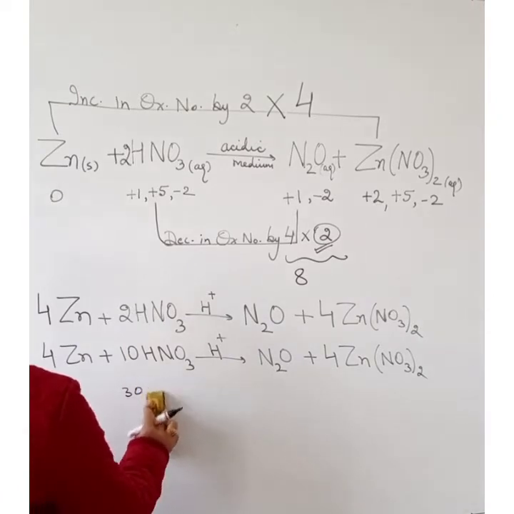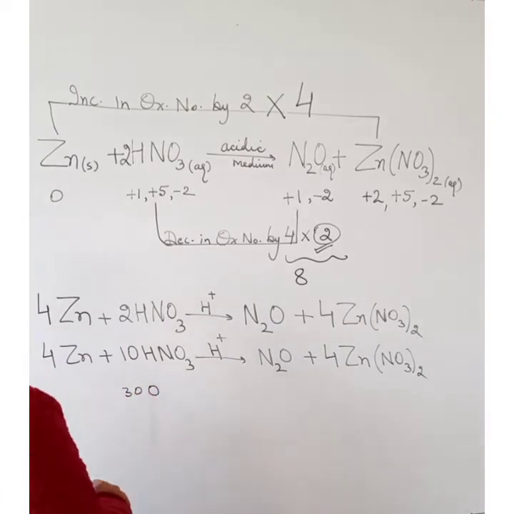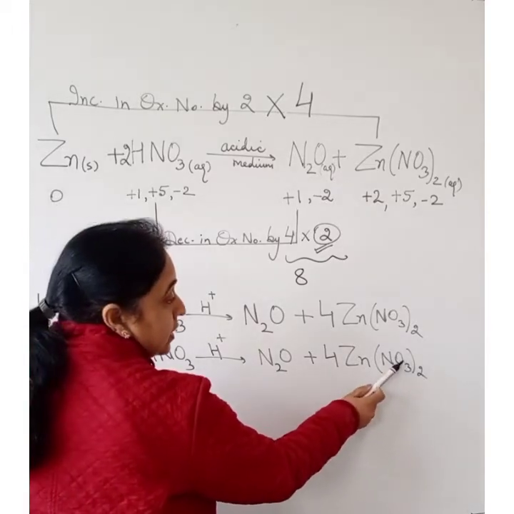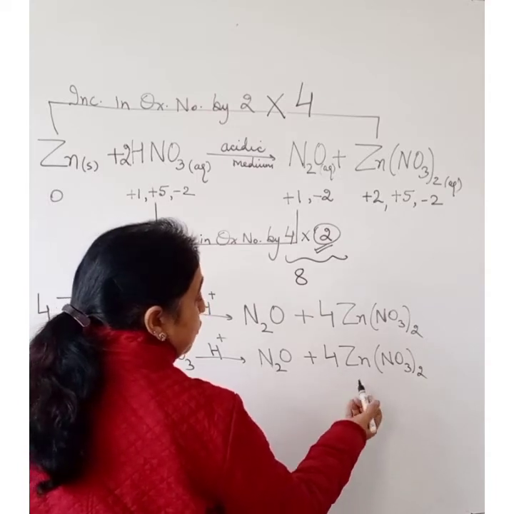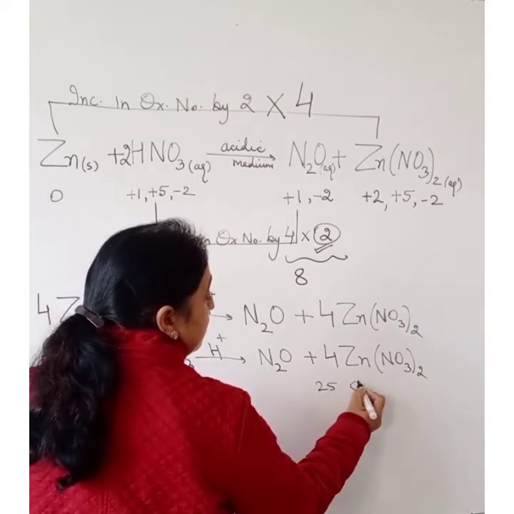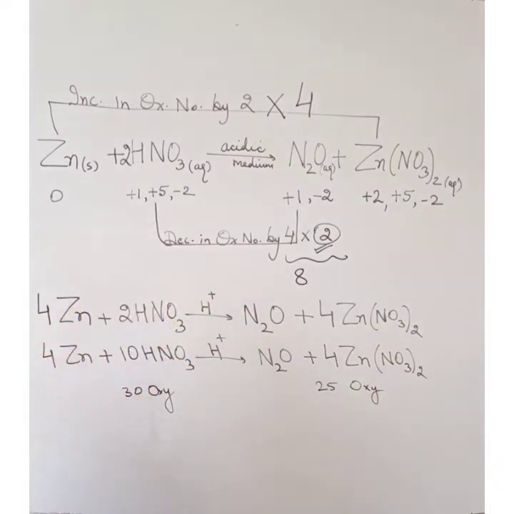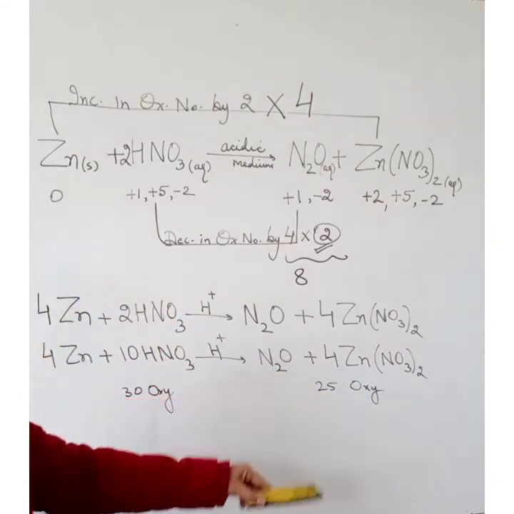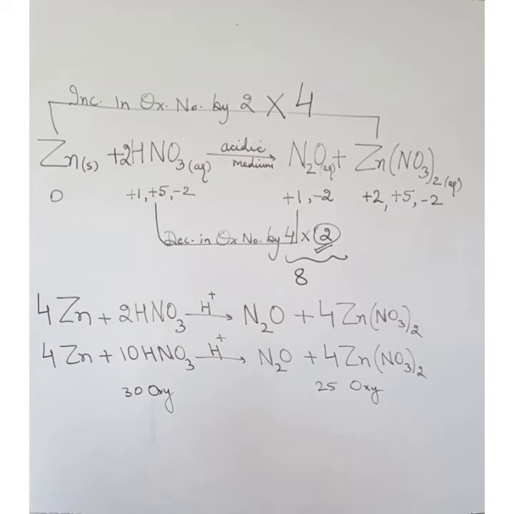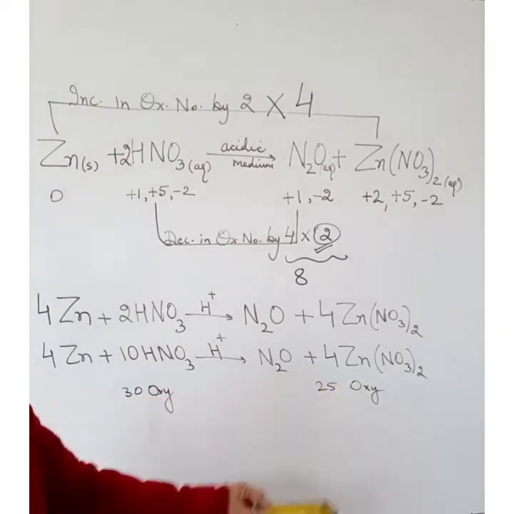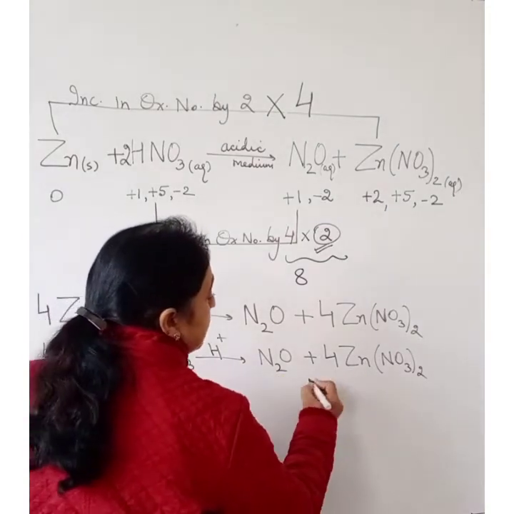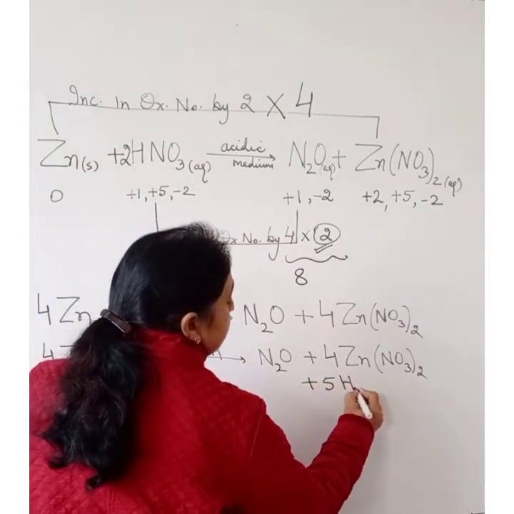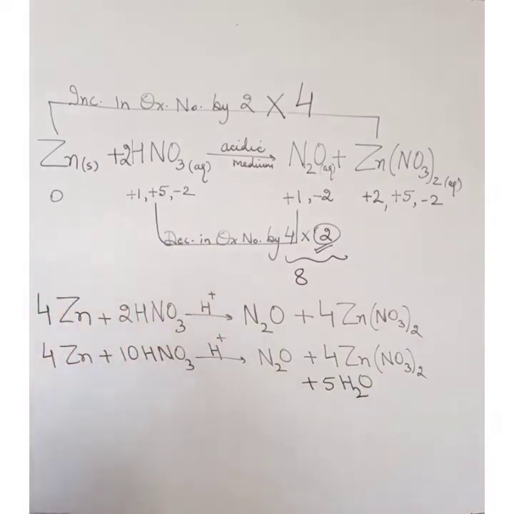Here let us see, 3 2s are 6 and 6 4s are 24 and 1, 25 oxygen on this side. So which is the deficient side? This is the deficient side. And how many oxygen atoms are deficient? 5 oxygen atoms are deficient. So we are going to put plus 5H2O. So oxygen is balanced.